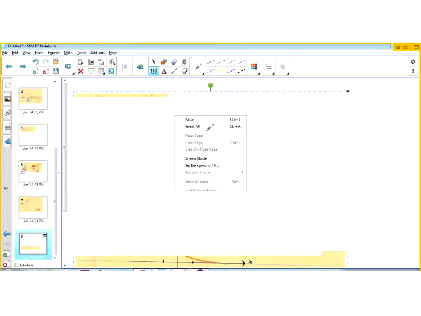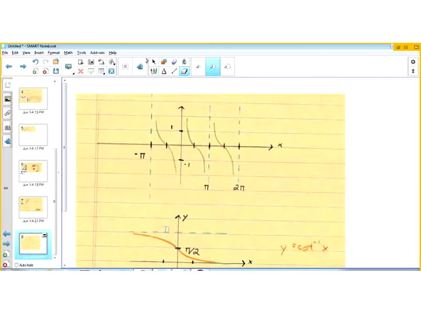Okay, so the same type of analysis will go on. It's not the same as the inverse tan, of course. Again, we'll need to identify the principal part of the cotangent function, and then flip the domain and range of the principal part to get the inverse cotangent function.